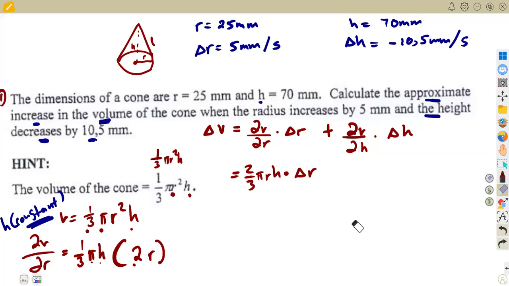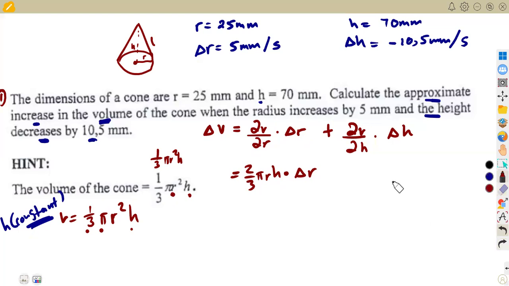All right. We do the same thing. This time we're going to have the derivative of the volume with respect to the height. So if we are dealing with respect to the height, what does it mean? This statement is going to change this time. The derivative of the volume with respect to the height, it means r is a constant this time.